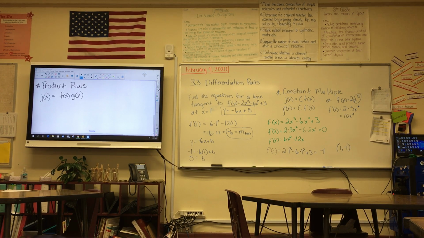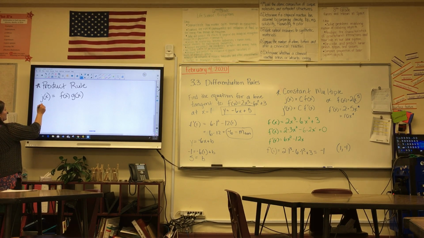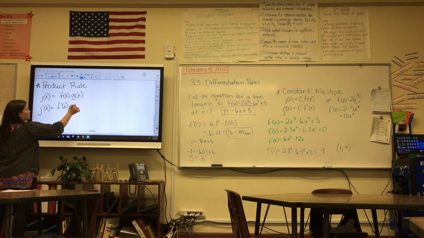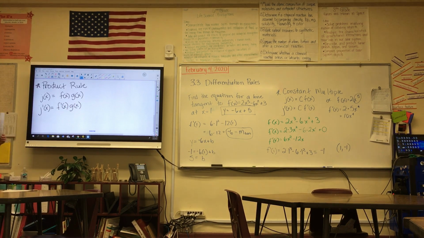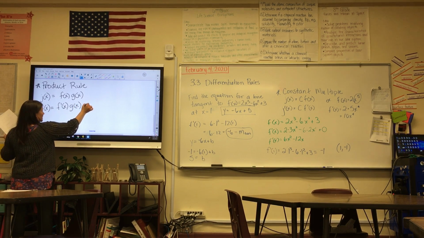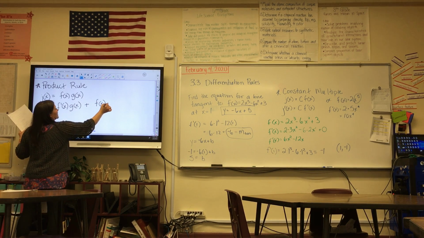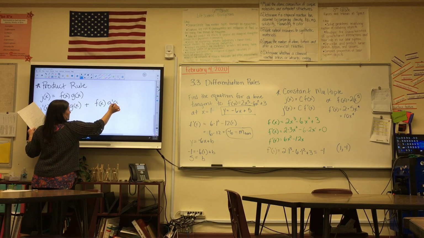This is where it sort of gets tricky, but if you just refer back to what you're supposed to do, you'll be fine. So the derivative is going to be the derivative of the first function times the original second function plus the original first function times the derivative of the second function.